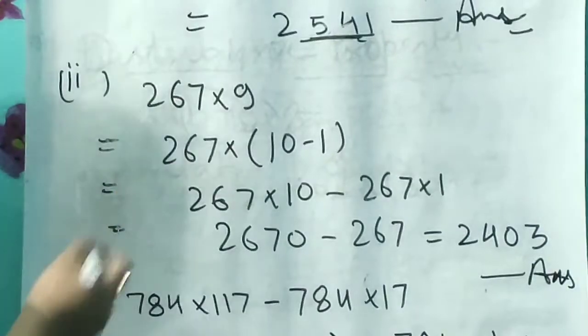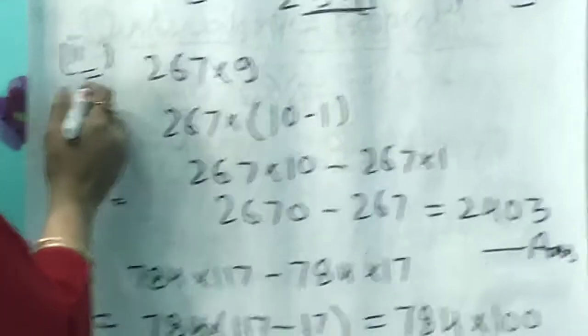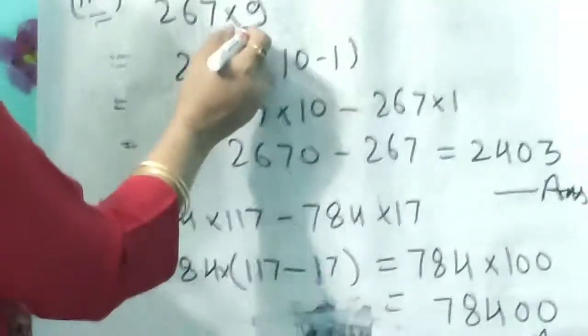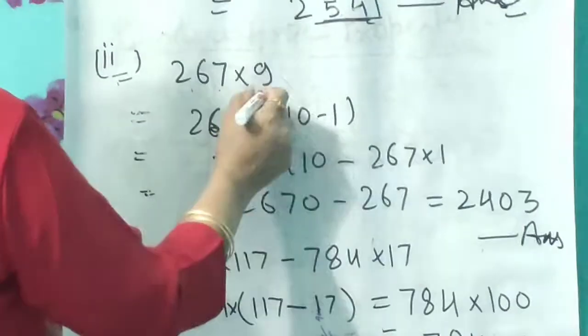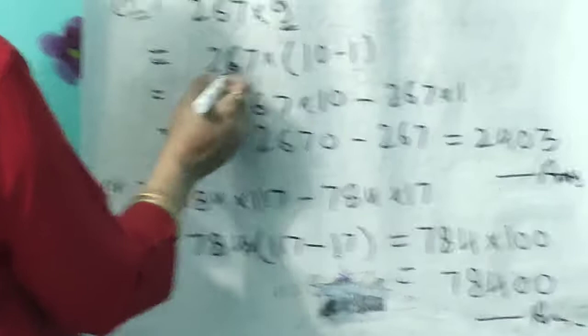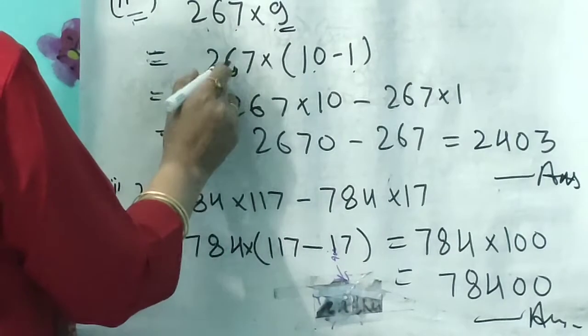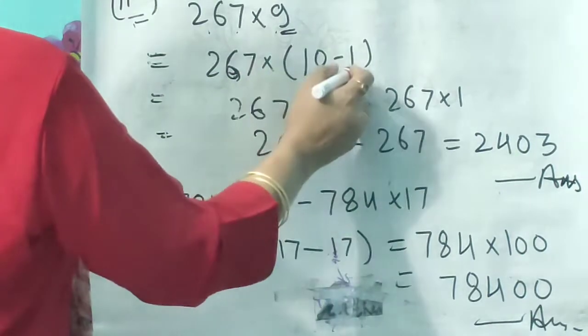One more example, example 2, 267 into 9. Now you can break this 9 into two parts. You can write 9 as 10 minus 1. So in the next step, we will copy this, 267 into 10 minus 1.